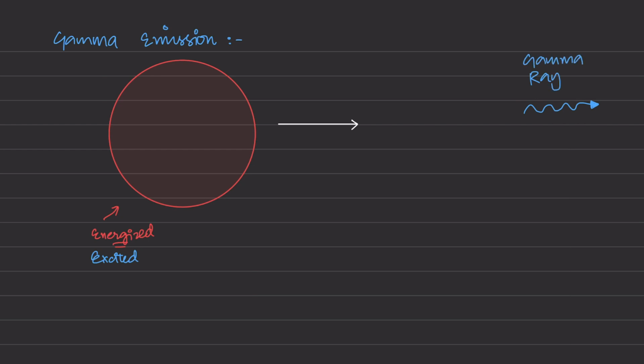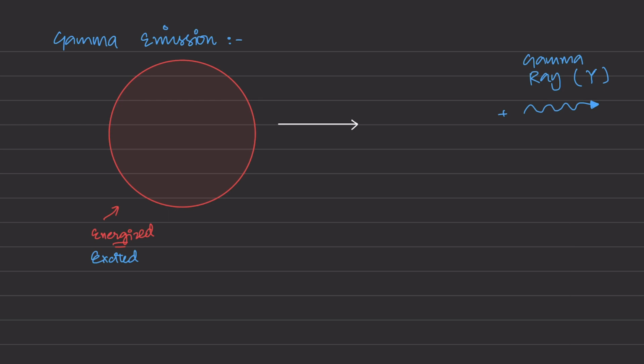Okay, the gamma ray leaves like this. You don't show anything over here. The symbol for it is something like this. There you go. So this is what happens when you have a parent nuclei and it undergoes gamma emission.